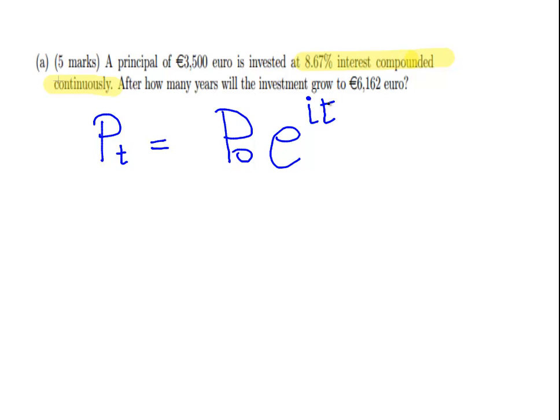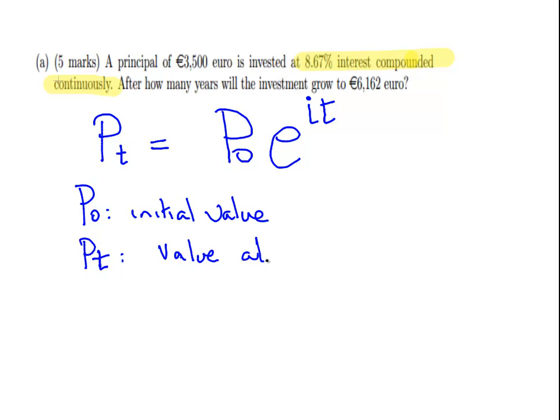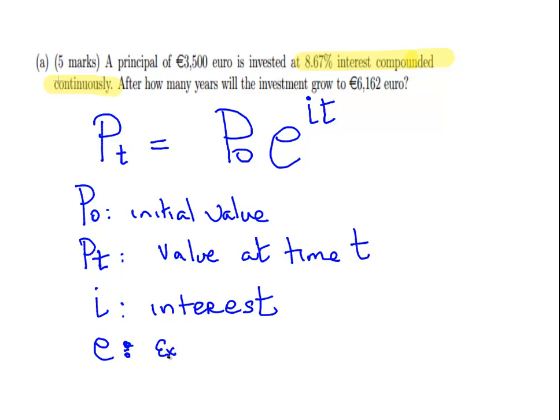Just to be clear, t and 0 are just subscripts of P. So P0 is the initial value, Pt is the value at time t, I here is interest, and e is the exponential number.